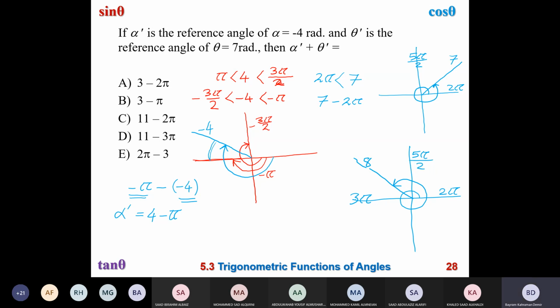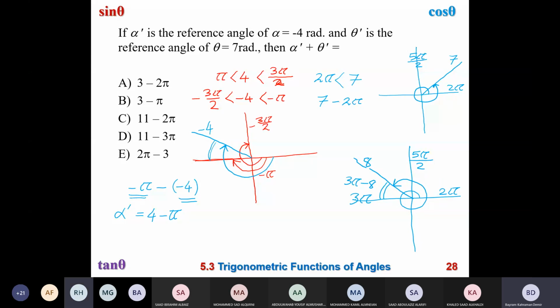So it's clearly greater than 5 pi over 2, but less than 3 pi. So the reference will be 3 pi minus 8.